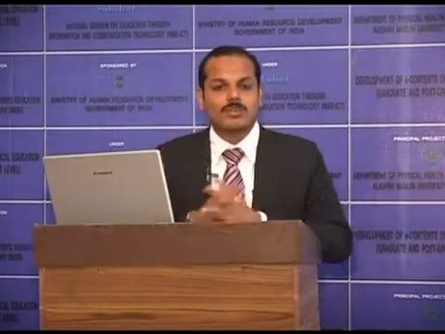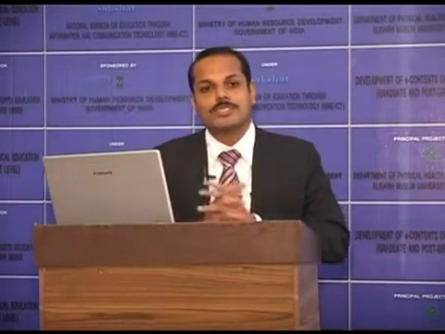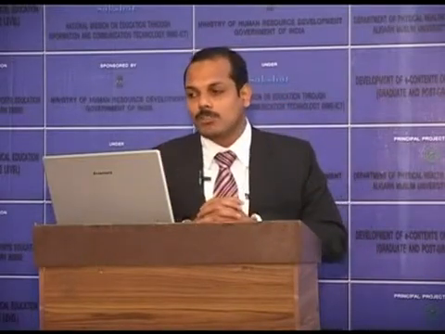Now we will go through some important joints in the foot. The first is the tibiofibular joints. These are the joints formed between the medial tibial bone and the lateral fibular bone. So between the tibia and fibula, three joints can be seen. The first one is the superficial or superior or proximal tibiofibular joint.